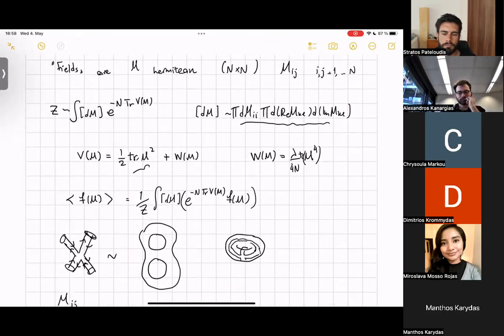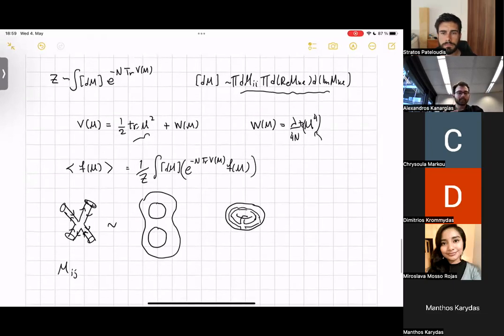Because pairing indices means matching your external states to irreducible representations of the gauge group you have, if there's a gauge group here, because maybe it's some generalized matrix model where it doesn't make sense to think of a gauge group. I think it's also related to what interaction you have, what kind of vertices, and this is just this M to the fourth.